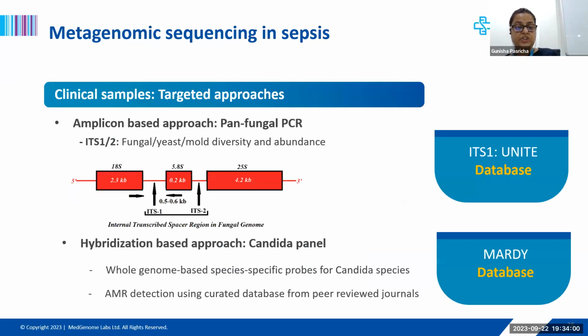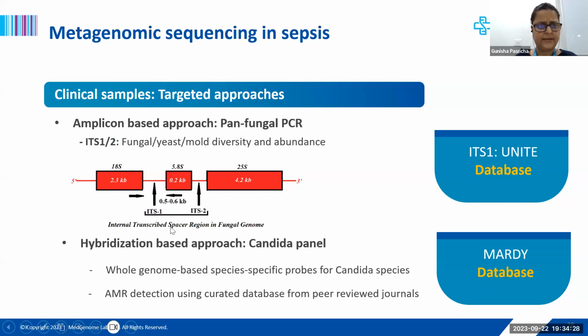When it comes to fungi, as I mentioned, ITS1 is the most popular. In a pan-fungal PCR it would come positive for fungi, and then we take it through the metagenomic analysis and find out if it is a fungus, yeast, or mold. Again, negative controls are extremely important for background subtraction and for establishing cutoffs.